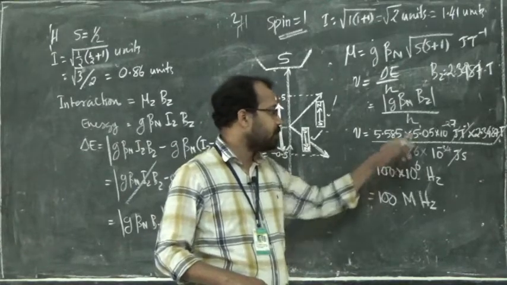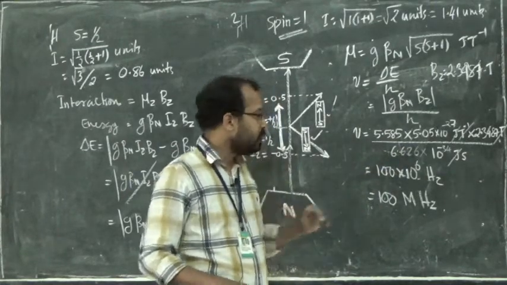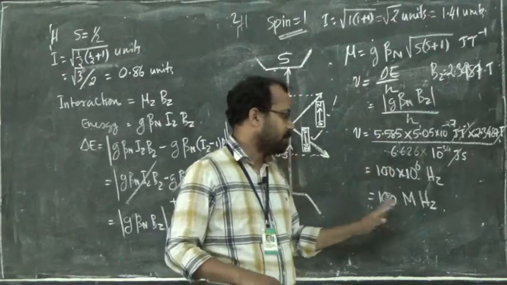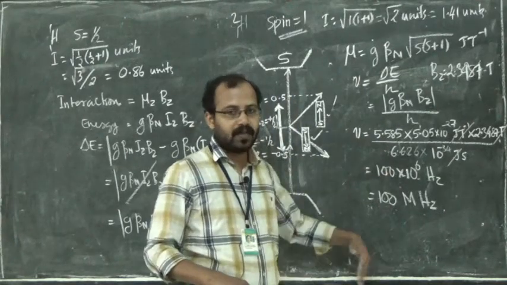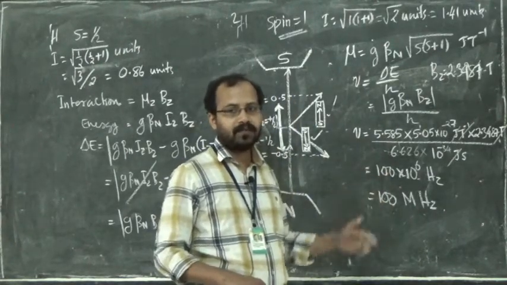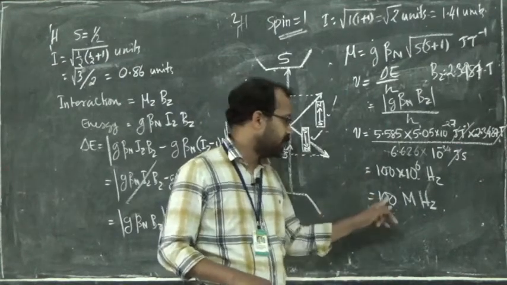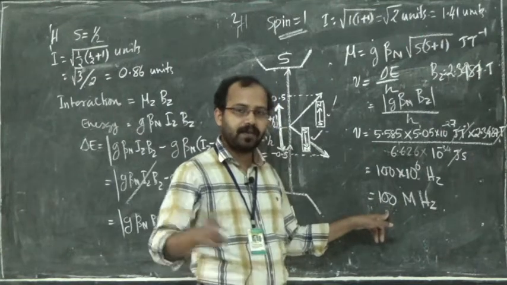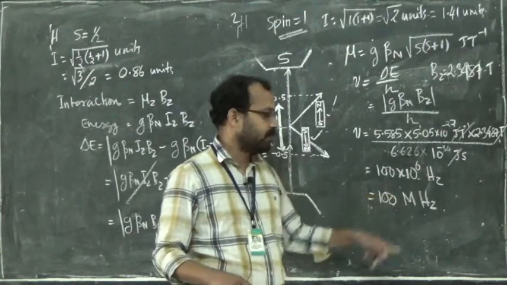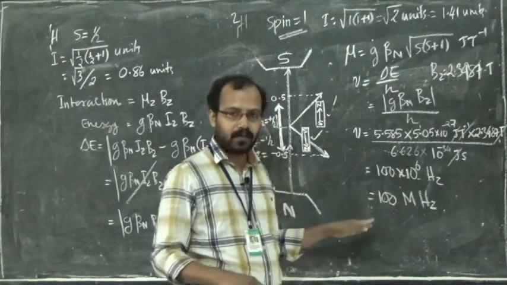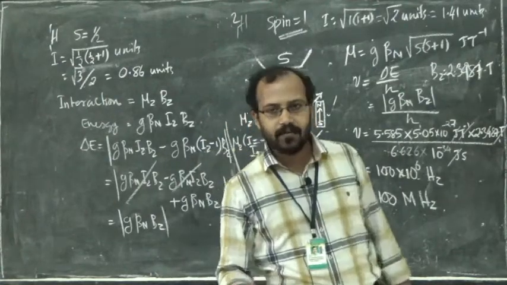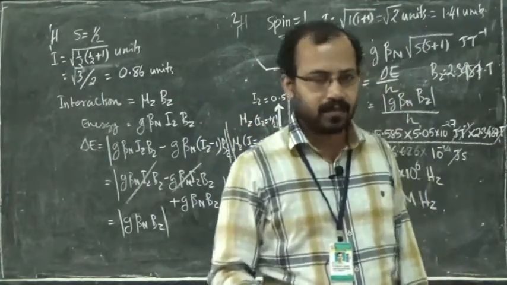So this depends upon the field strength. There is an energy difference between the alpha spin state and the beta spin state, and if you look at the electromagnetic spectrum, this energy difference, 100 megahertz in this particular case, falls in the radio frequency range.